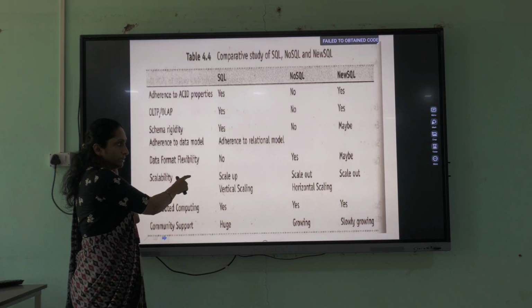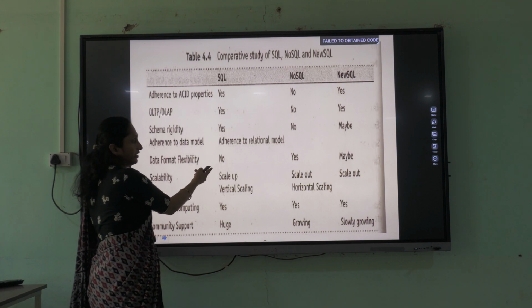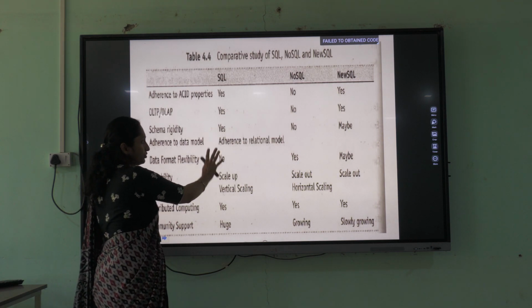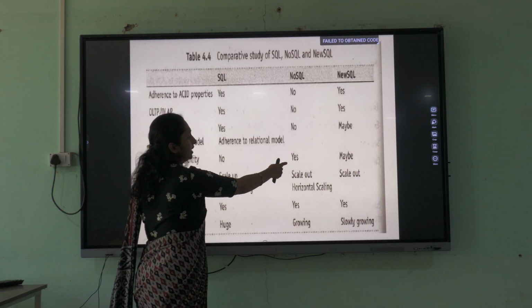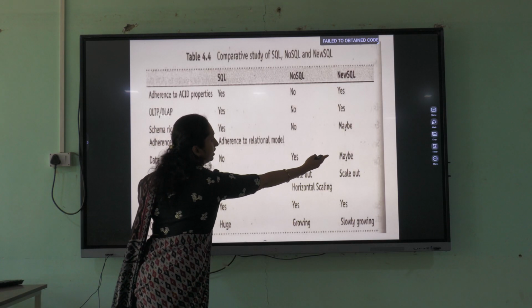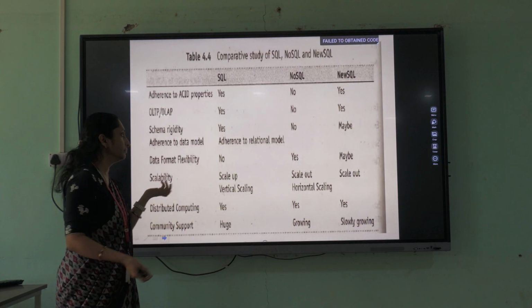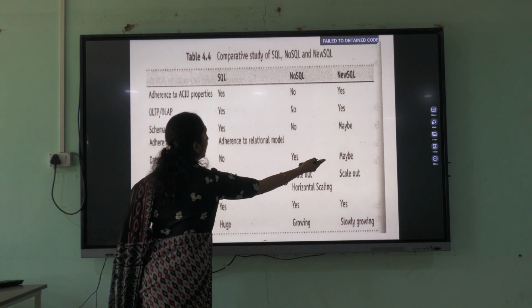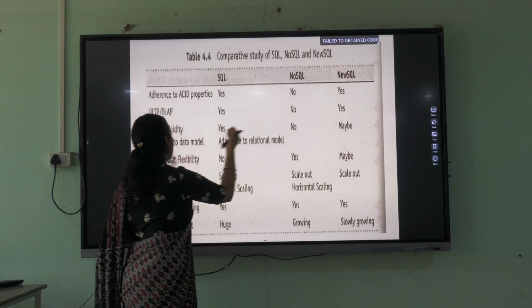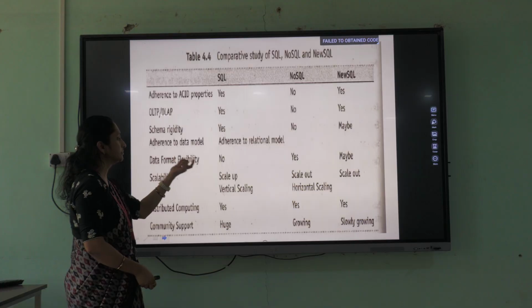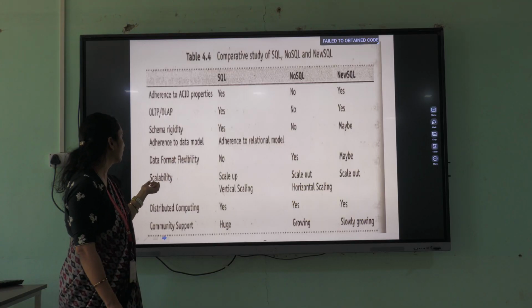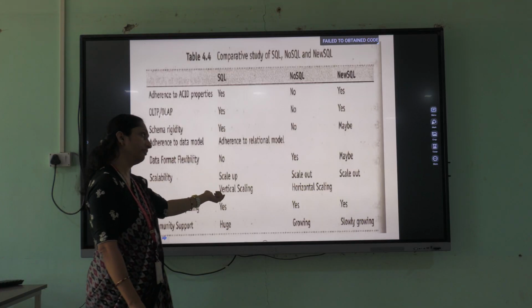Data format flexibility: this one does not have data format flexibility, it adheres to a particular format, so structured only. Here, yes, the flexibility is there. This is maybe, because it is giving you the ACID properties and clearly saying something about the consistency issue. So format flexibility may or may not be there. Scalability: scale up vertically.